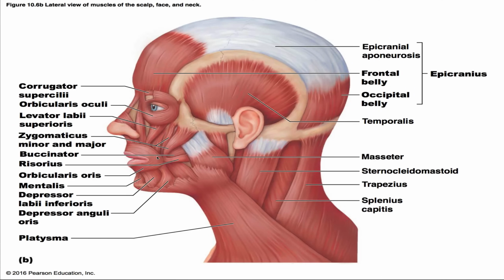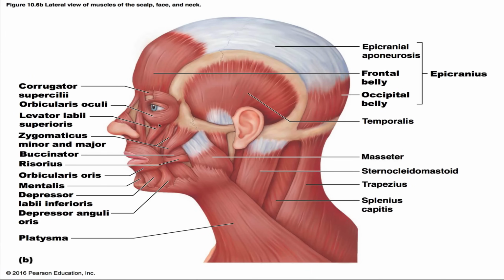The next one we're going to be looking at is the levator labii superioris. And this is right over here, the levator labii superioris. And this muscle is a thin muscle between the orbicularis oris and the inferior eye margin, right over there. Okay, so orbicularis oris is here, and the eye margin is here.